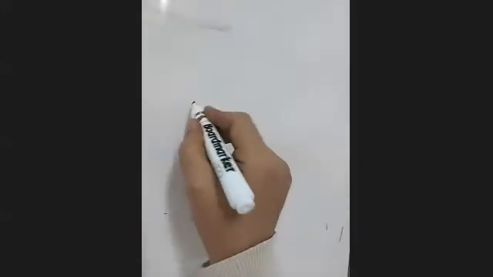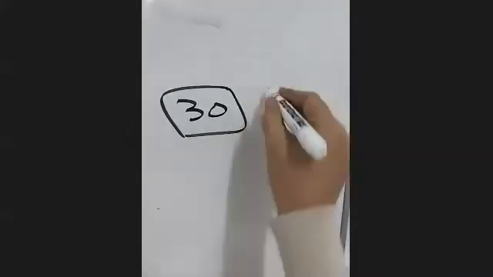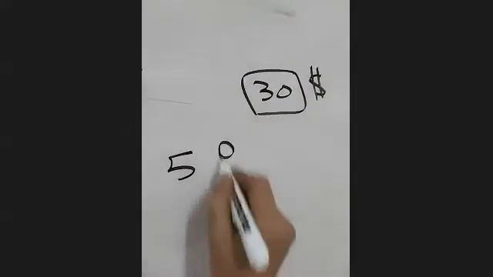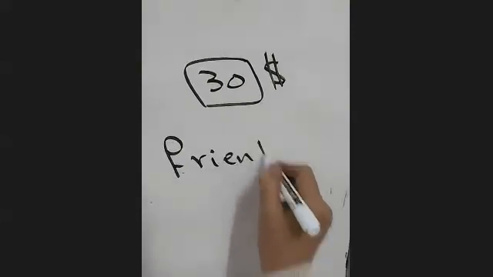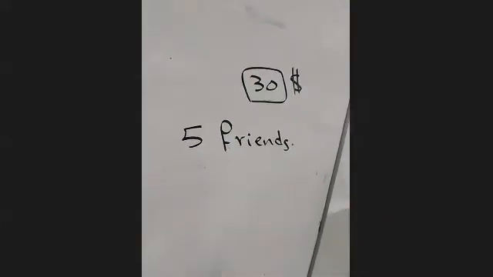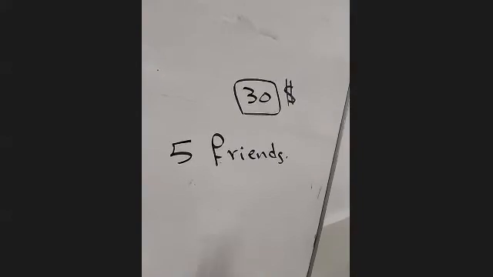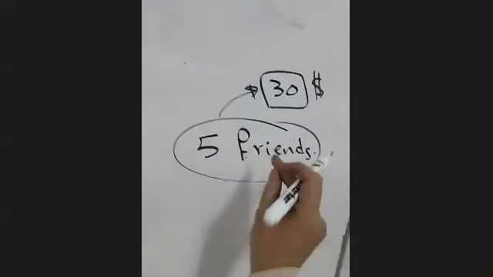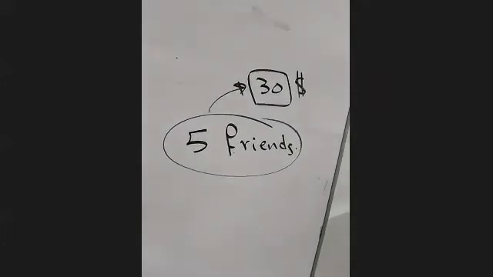This means Vincent and his friends, for example, if the price of the package is $30, and we have 5 friends. They want to share, which means each one will pay the same amount of money, right?